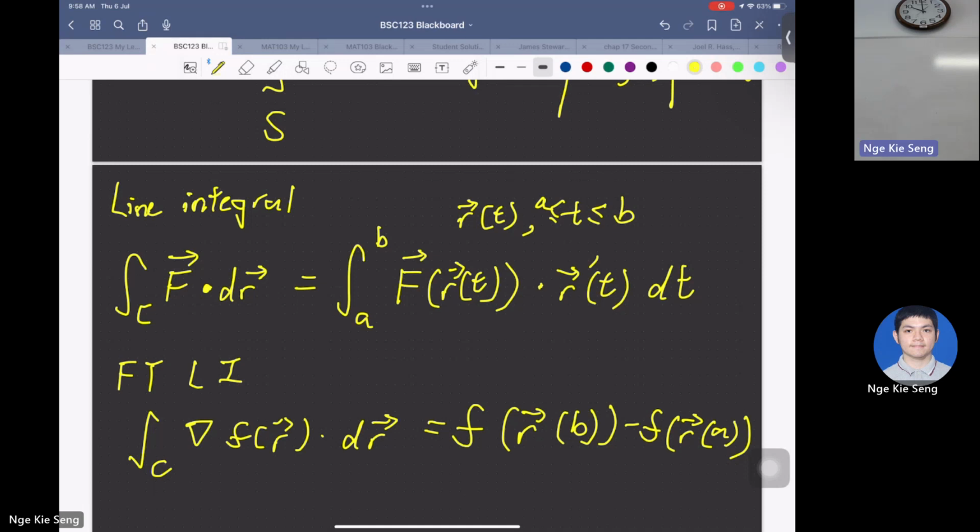If f is conservative, then the curl is 0. If the curl is 0 and the partial derivatives are continuous, then f is conservative. If the curl is not 0, then f is not conservative.